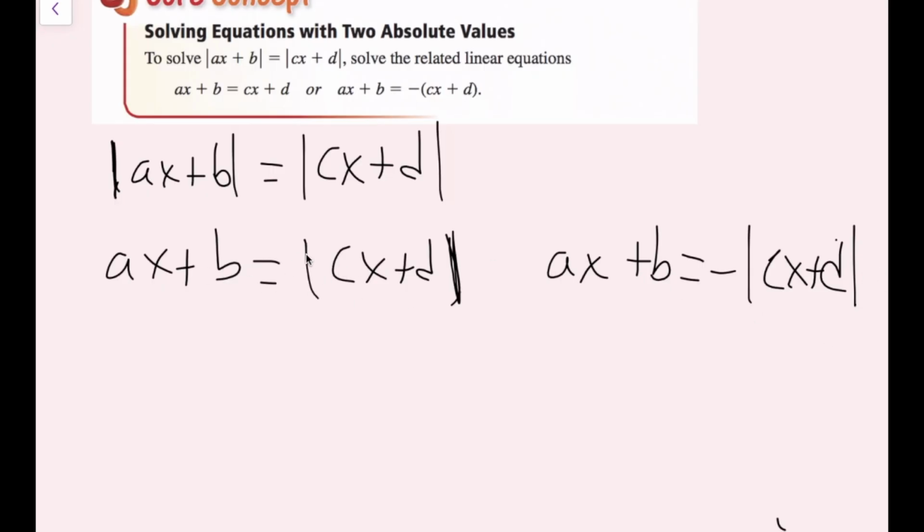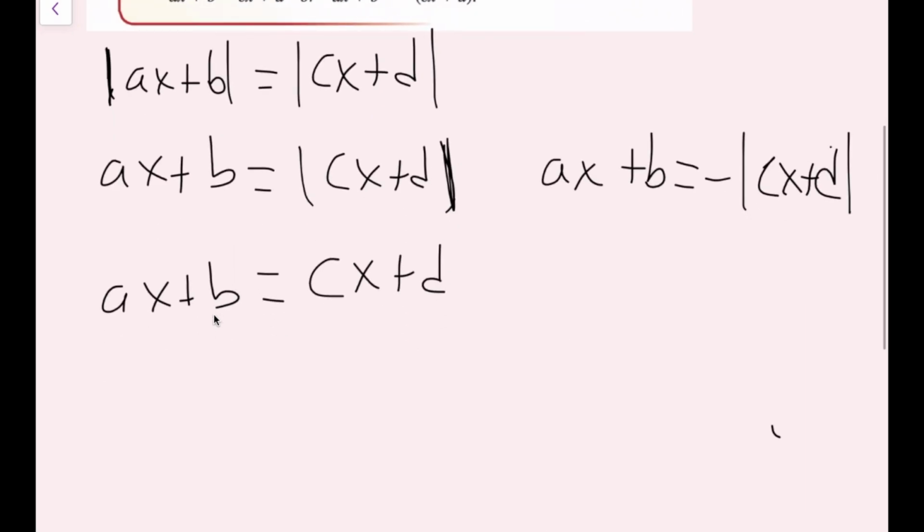Okay, so here I would write this as cx plus d equals the positive ax plus b. And I'm just going to write the next one below because I'm not going to solve these. And then to finish unwrapping this, I would also need that cx plus d equals the opposite of this, negative quantity ax plus b.